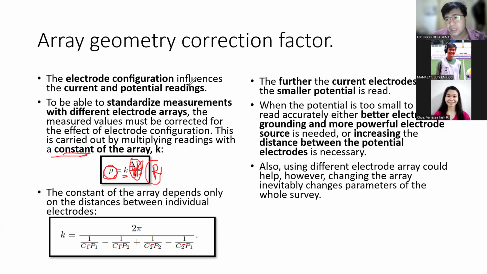So this constant is simply a proxy for the diameter and the length of your electric current flow path. And K, or the constant of the array, will differ for every survey that you do.